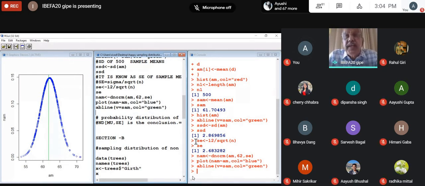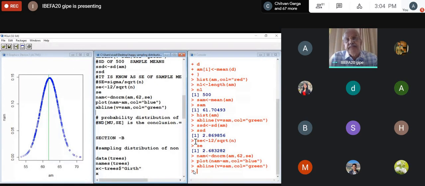You learned this in regression analysis. In regression analysis, what is the meaning of standard error of estimation?